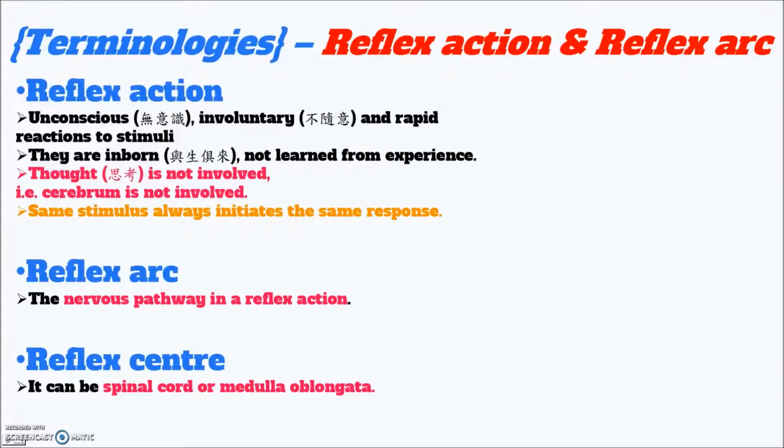Or if someone hits our kneecap, we have the knee jerk reflex. The same stimulus always initiates the same response because the cerebrum is not involved. You can compare it with voluntary action, because the cerebrum is involved in voluntary action. So once we receive the same stimulus, we can perform different responses.